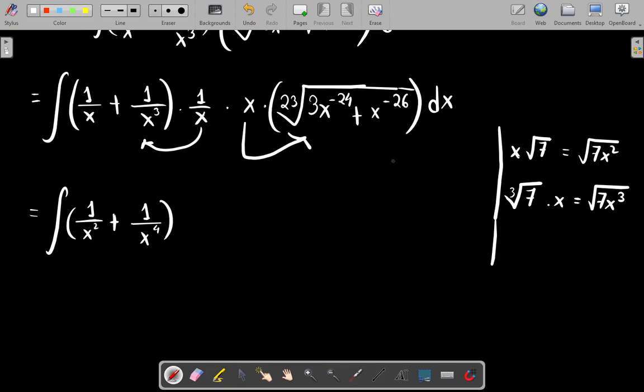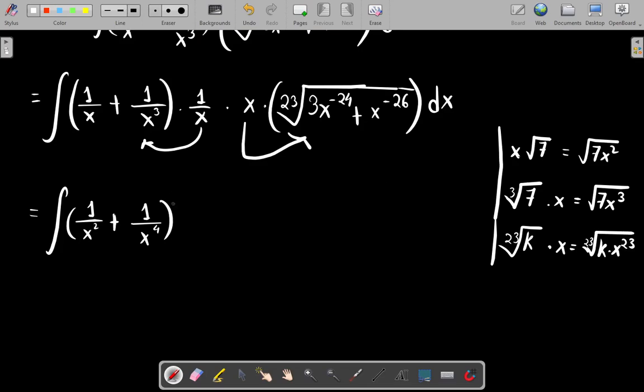Here this is the 23rd root. So 23rd root of whatever, say k, with x outside, this will become k x raised to the power 23. So if this x goes inside, all of these terms will be multiplied with x raised to the power 23, right? You have understood this?